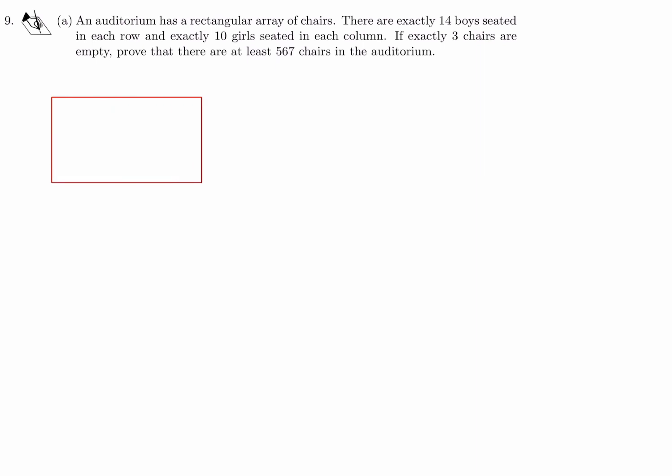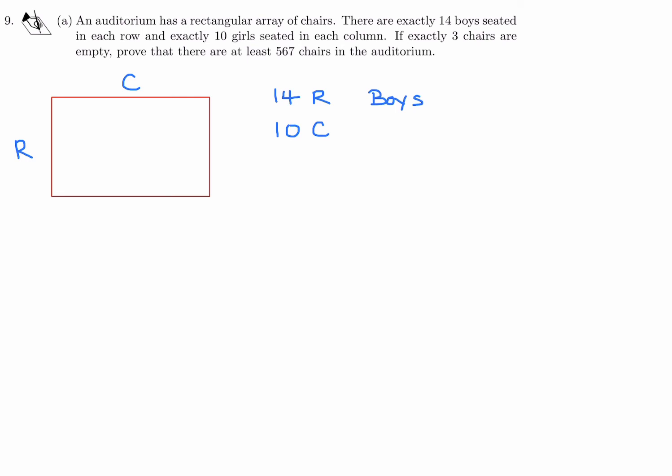Well, you have some rectangular arrangement of chairs, and you have obviously rows and columns. And from the question, we are told that each row has 14 boys. So there's going to be 14 times R boys in total. Each column has 10 girls, so there's going to be 10 times C, which is the number of columns, girls.